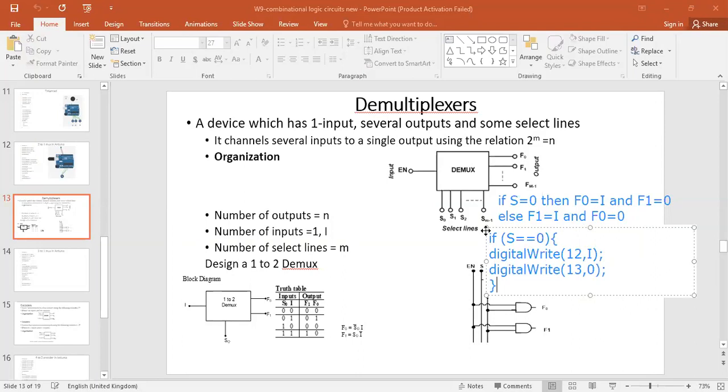So from there, I believe you can see what's required. Then anybody else who can give us what comes next? What will be the next statement?